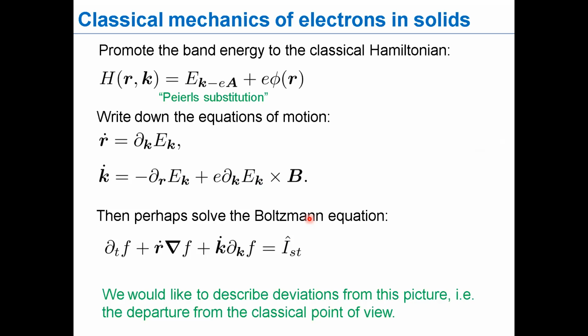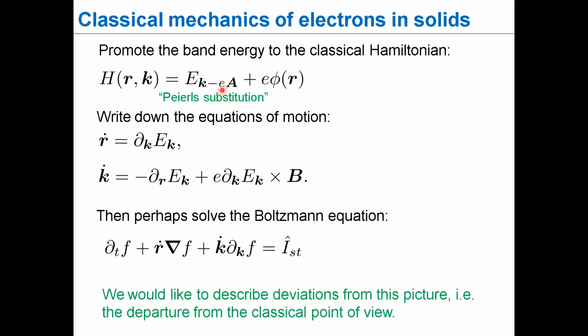once the spectrum has been obtained, one can build a completely classical description of electrons responding to external smooth, weak and slow fields. Okay, and this is done by essentially taking the energy of the electron and promoting it to the status of classical Hamiltonian.